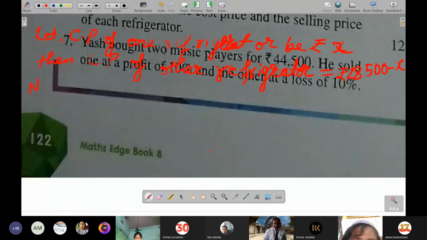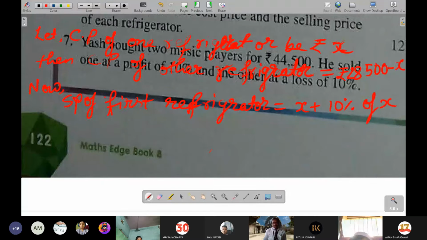Now, SP of first refrigerator is equal to X plus 10% of X. Rupees we will write at last, so we had left rupees.